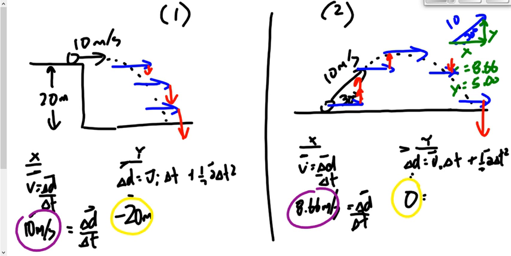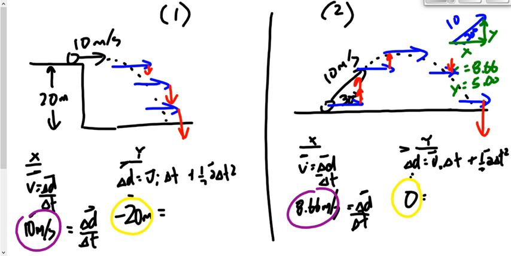A lot of similarities, right? But two differences so far. One, the horizontal velocity is 10. The horizontal velocity is, well, the x component of 10, which is 8.66. The vertical displacement is negative 20. The vertical displacement here, because we end up on the same level, is 0. So negative 20 is equal to VIT. What's VI over here?